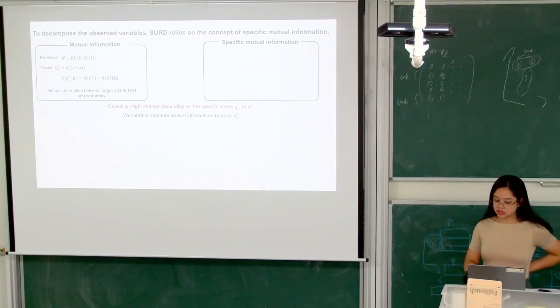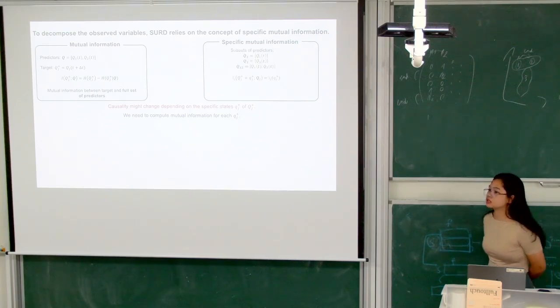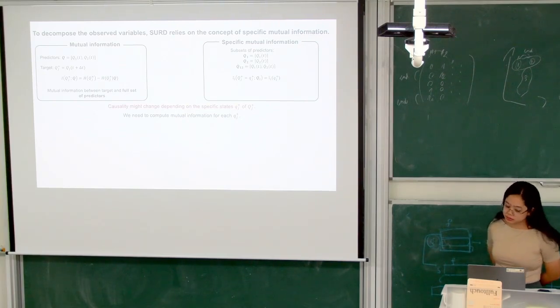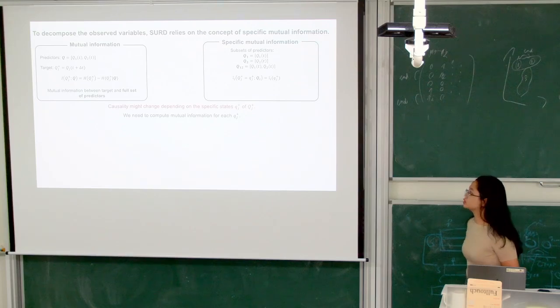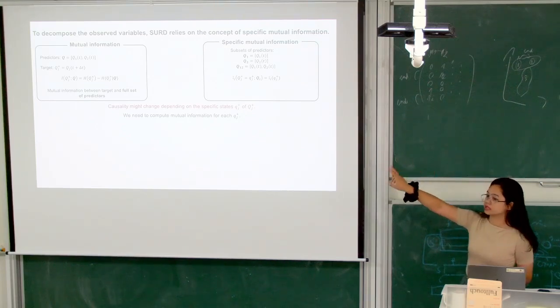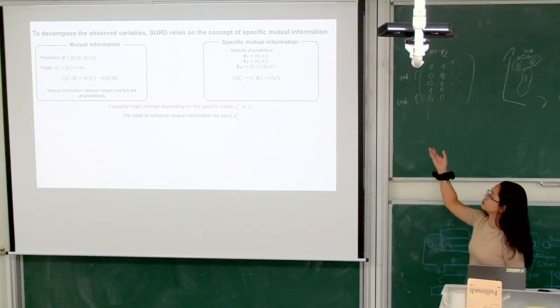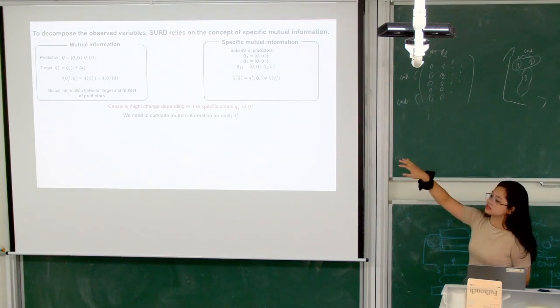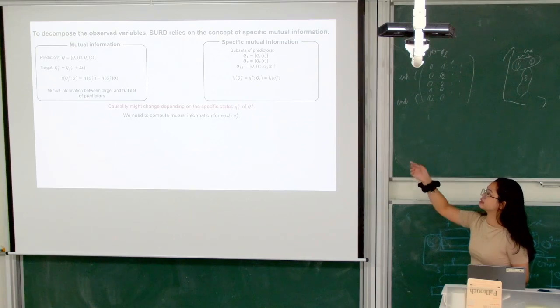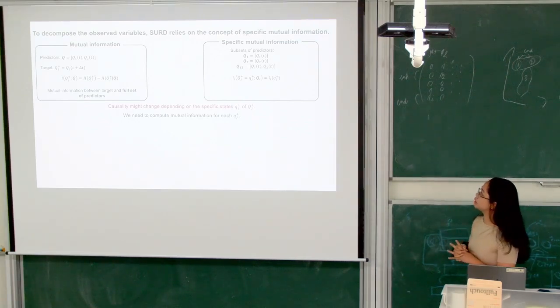The idea of the computation is very easy. We just consider all the possible subsets of predictors. So in the case that we have only two predictors, one set is just considering Q1, one set is just considering Q2, and the last set is a combination of Q1 and Q2.